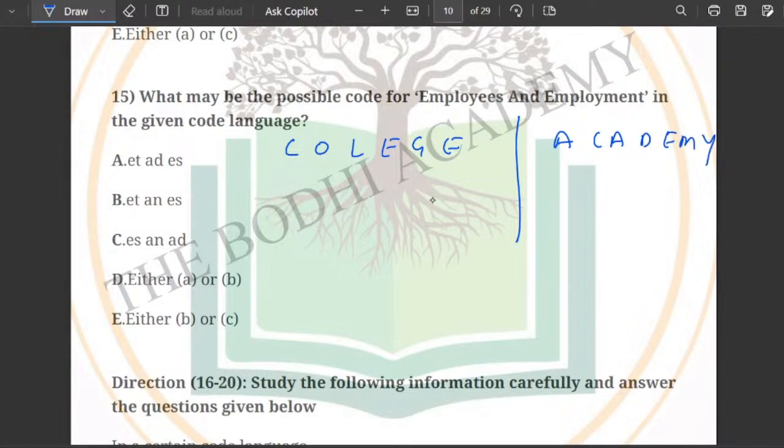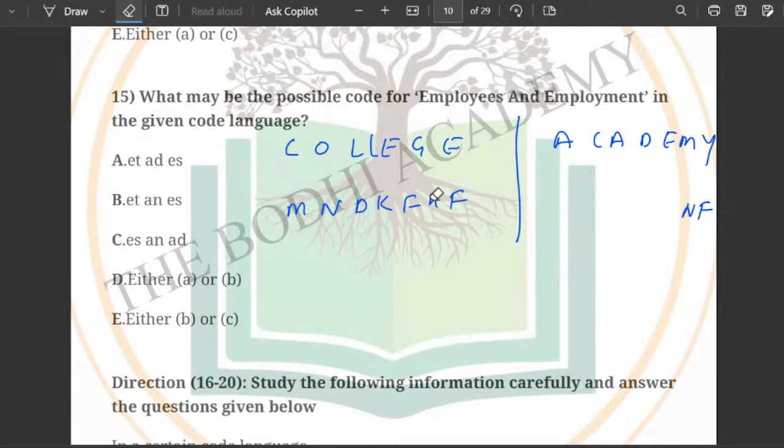Now, if I say, college is coded as M N D K F H F and academy is coded as... Sorry, I gave you the answer.